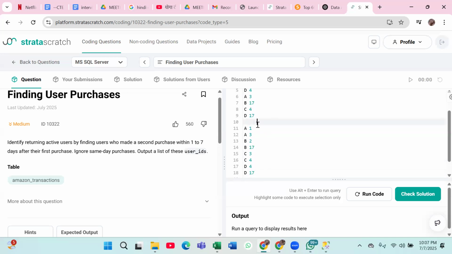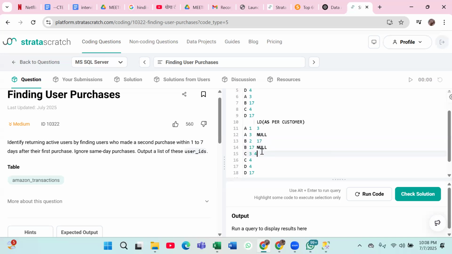So how will you find out the next purchase? I have literally told you that right now. By using lead, right? Lead as per each customer. So this will give me 3. After 3, there is no next record for the customer, so I'll get a null. Similarly, for 2, I'll get 17, and after 17 I'll get a null.